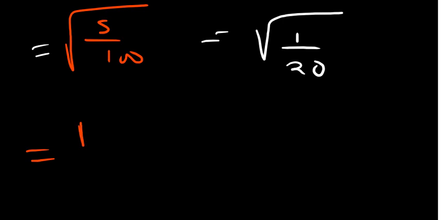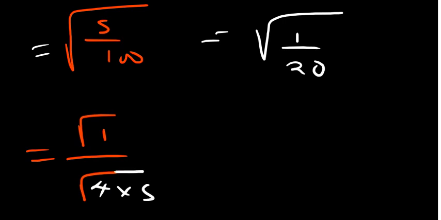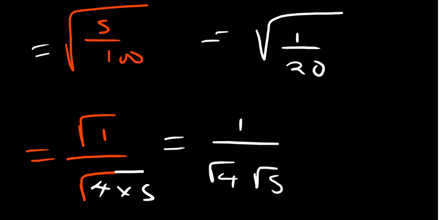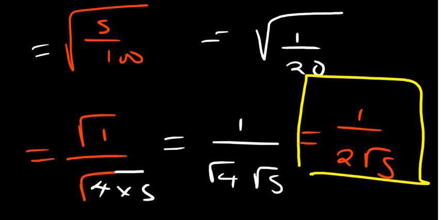So you have root of 1 over root of 20. We know that 20 is basically 4 times 5. Multiplying things is the same as splitting them with their roots, which is just going to be 1 over 2 root 5. Are we together? That can be a solution, the most simplified form of the answer.